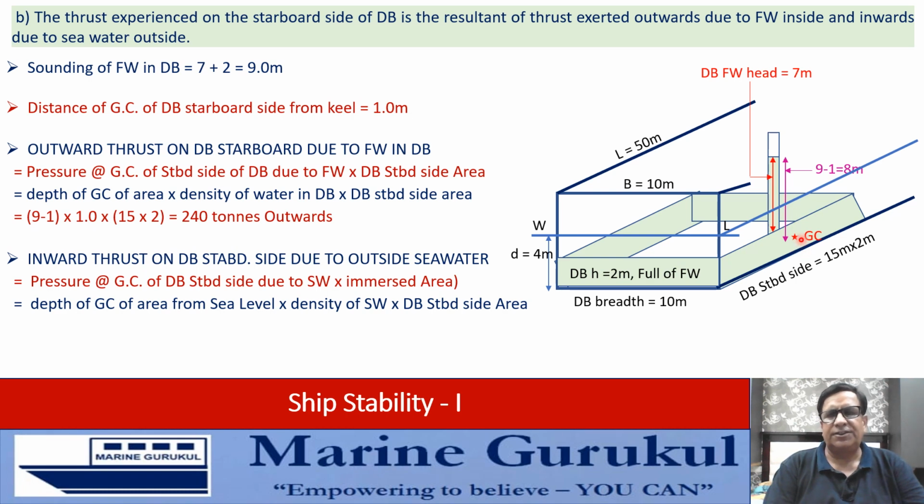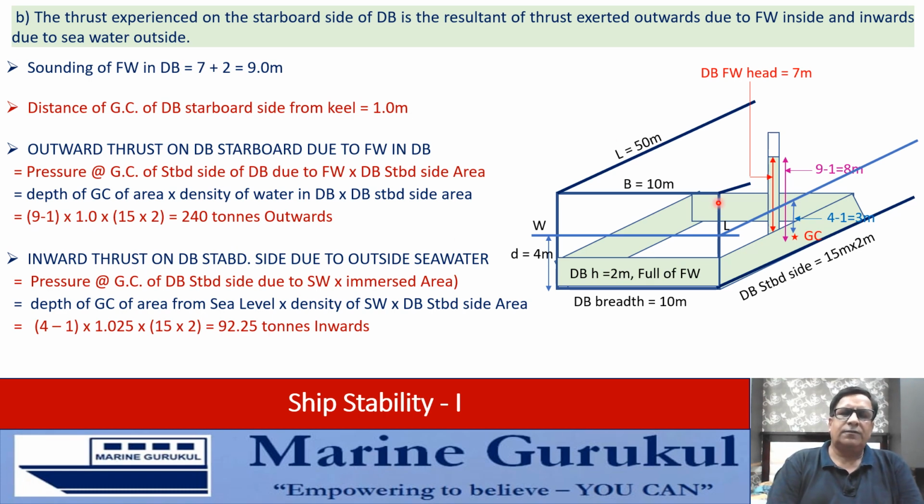What is the height of the GC from keel? It's 1 meter. So what is the depth of the GC below the sea surface? It becomes 4 minus 1, that is 3. And that becomes 4 minus 1, 3 meters is the depth of the GC from the sea surface, multiplied by the density of the seawater, multiplied by the area of the starboard side, and that gives us inward thrust of 92.25 because of the outside seawater.